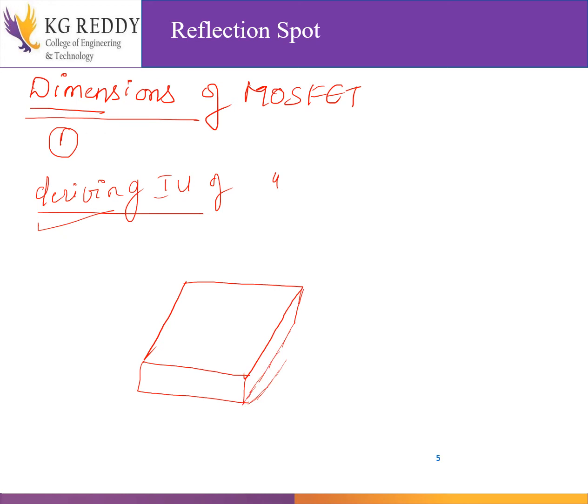Something like this. Here I'm showing you the 3D view. Here it is oxide. This is gate. This is oxide, and here somewhere we have a gate contact.